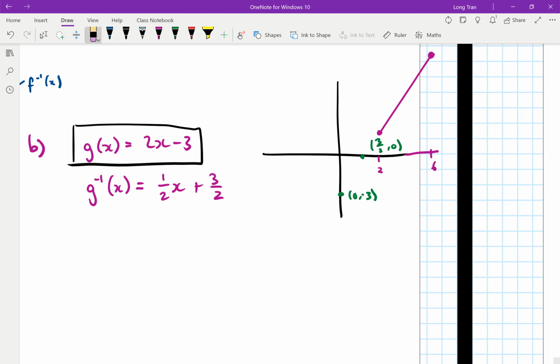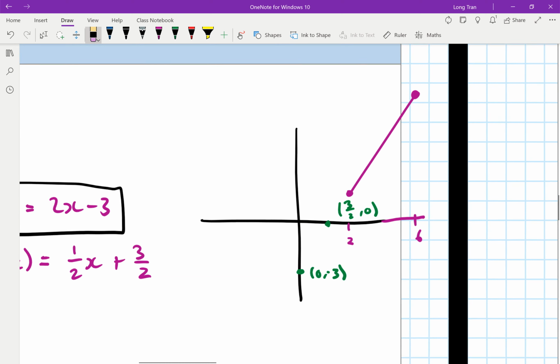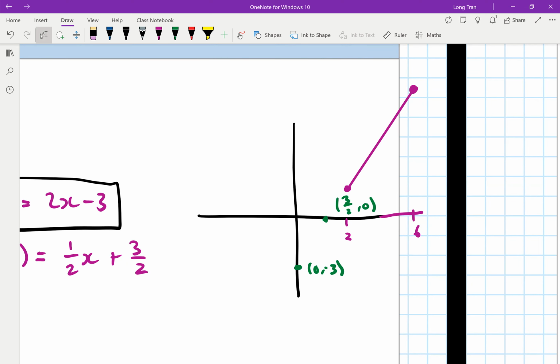If we were to figure out the domain and range, well, the domain we already have. For the range, we need to know what the y value is when x is equal to 2, and what the y value is when x is equal to 6. So now I need to find the endpoints.